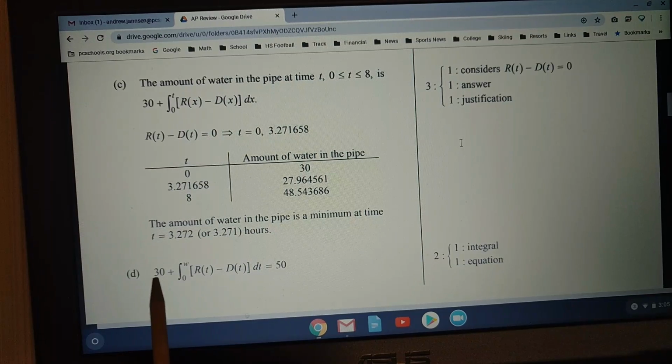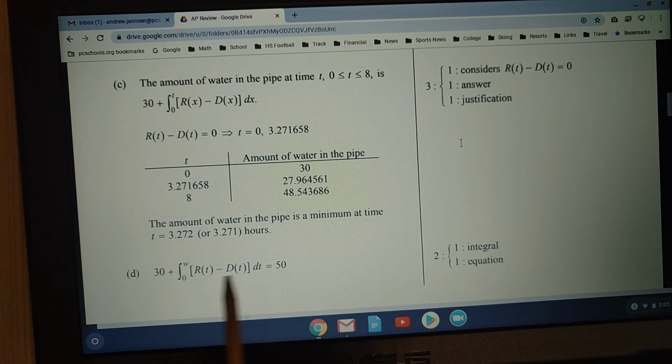We've got our equation for 30, which is where it starts. We've got our integral from 0 to W, and we have our rate in minus our rate out.